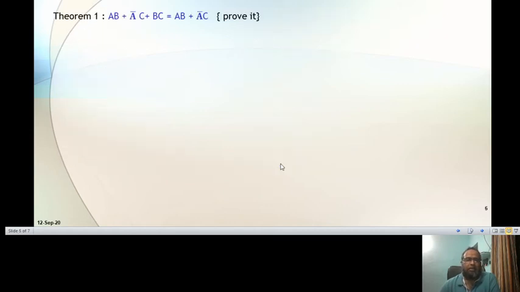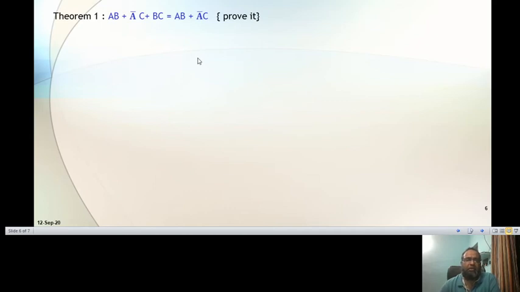Then there is another theorem, called the consensus theorem or included factor theorem. Here you can see that AB plus A bar C plus BC is equal to AB plus A bar C. The BC vanishes here. It can be proved easily.